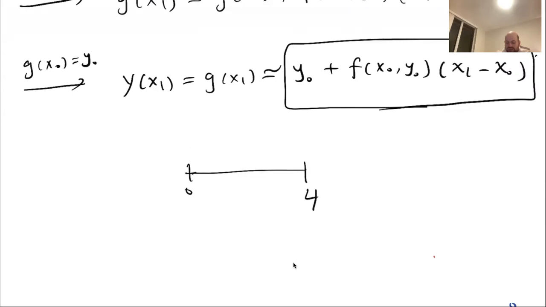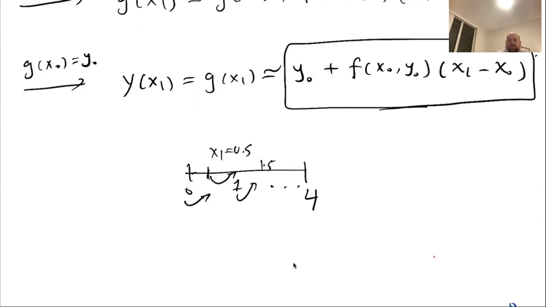Well, we can do it in a few steps. For example, our x1 could first be 0.5. So first we can calculate y of 0.5. Then using that, we can go to another 0.5. Then we will find 1. Then we will find 1.5 until we reach 4.